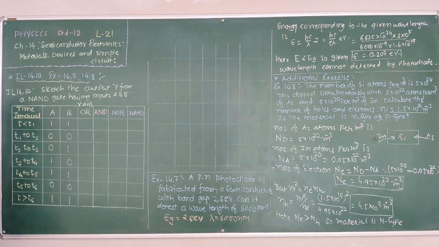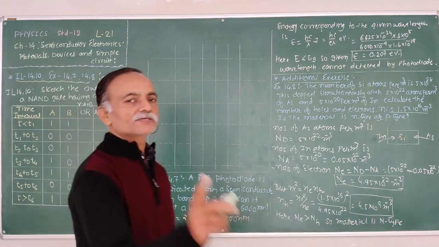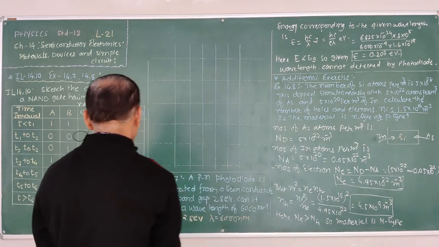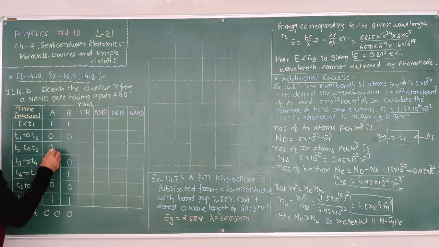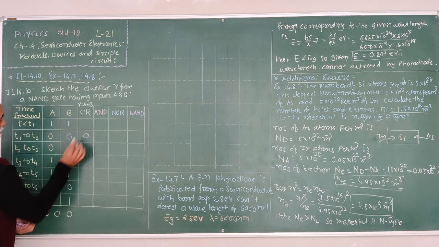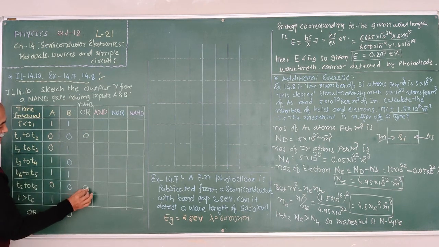What is the characteristic of the OR gate? 0, 0, 0. For the OR gate, the characteristic is 0, 0, 0. That means the output is 0 if all inputs are 0, otherwise 1. In the OR gate, we obtain output 0 only if both inputs are 0. So when both inputs are 0, 0, the output is 0.